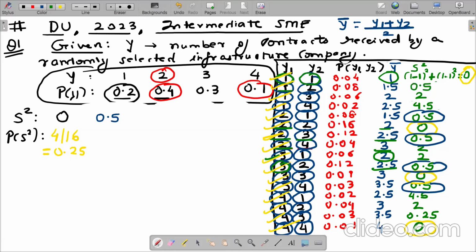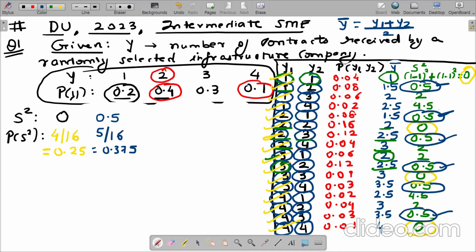Because 1 minus 1.5 square is 0.25 and 2 minus 1.5 square is also 0.25. So wherever students see 0.25, please replace it with 0.5 only. So even this will be 0.5. Even this will be 0.5. So now how many total values is taken by 0.5? 1, 2, 3, 4, 5. So the probability is 5 by 16, which is 0.375.